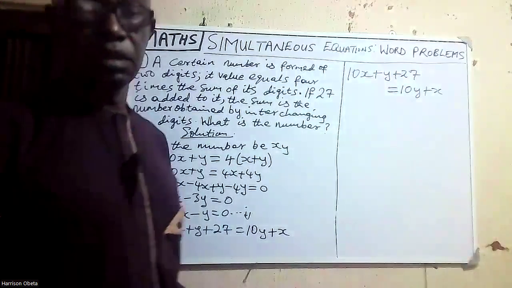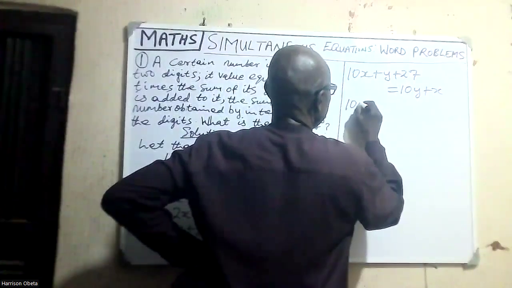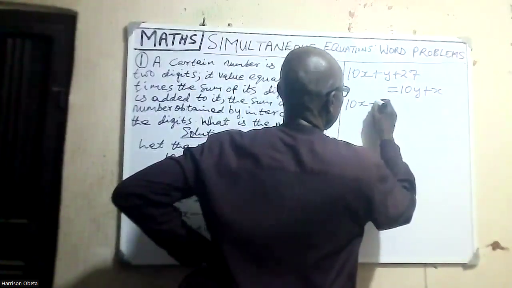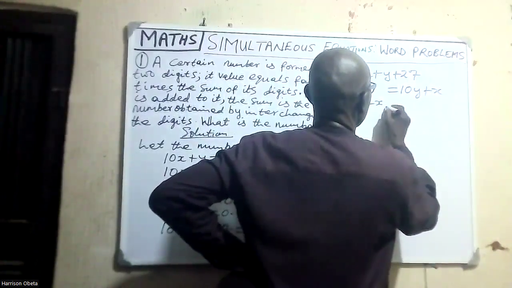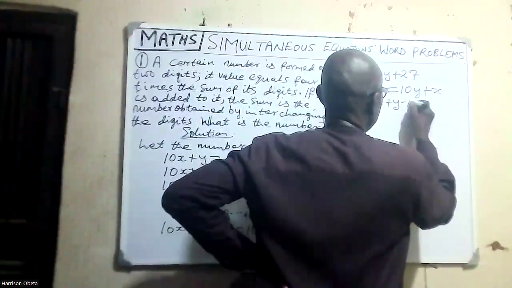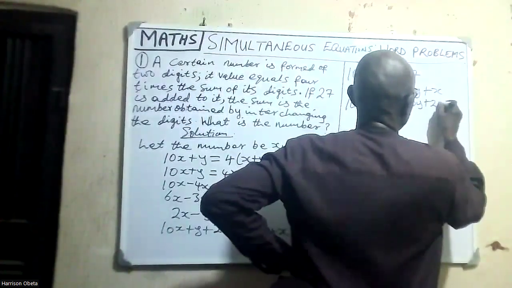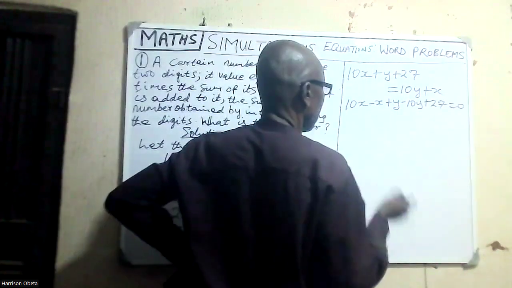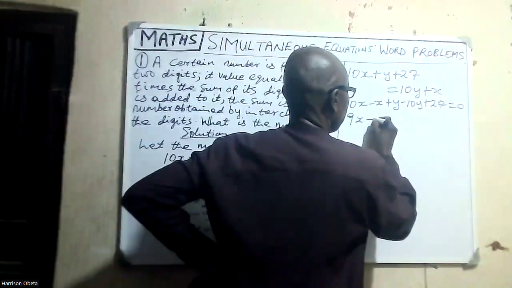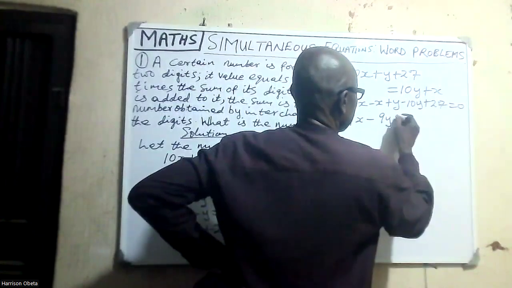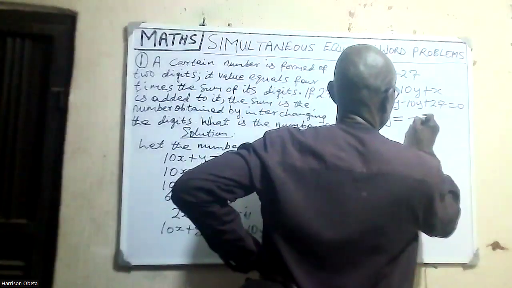Bringing everything together, we have 10x minus x plus y minus 10y plus 27 equal to 0, which can also be expressed, reducing it, as 9x minus 9y equal to, taking 27 to the other side, minus 27.